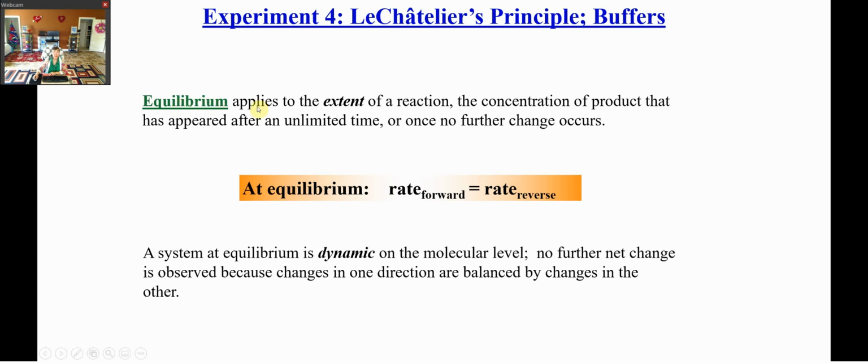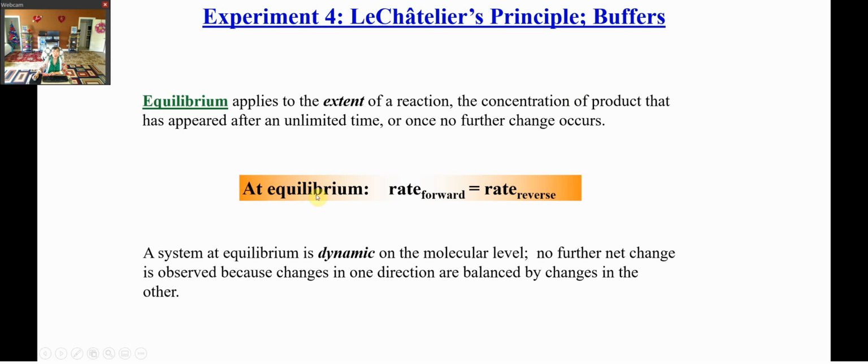The equilibrium applies to the extent of a reaction. At this point, the concentration of your product, after an unlimited time, no longer changes. Concentrations of your product are no longer subject to change.